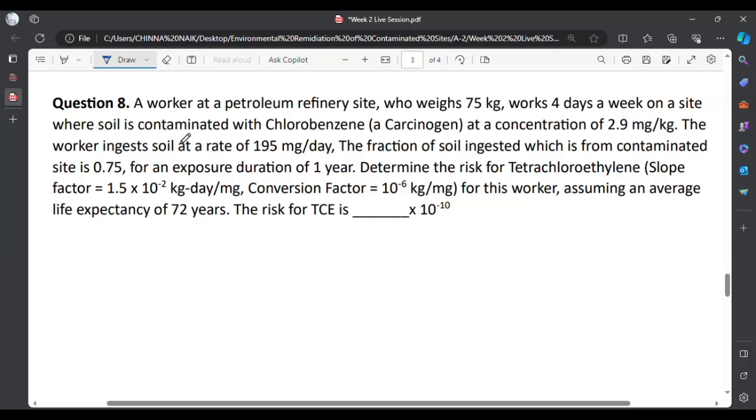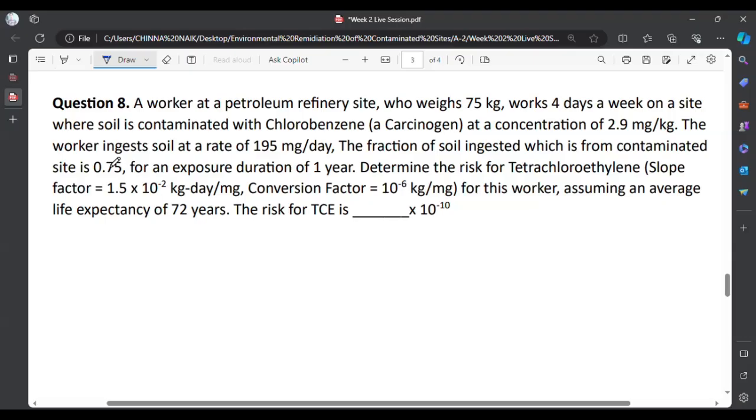A worker at a petroleum refinery site whose weight is 75 kg works 4 days a week on a site where soil is contaminated with chlorobenzene, a carcinogen, at a concentration of 2.9 milligram per kg of soil.